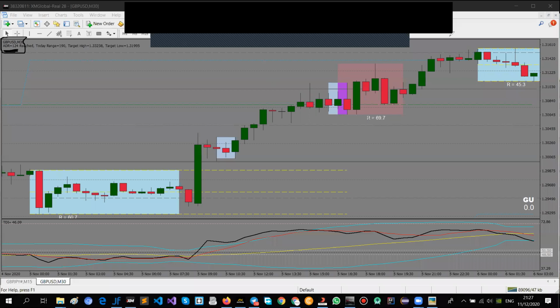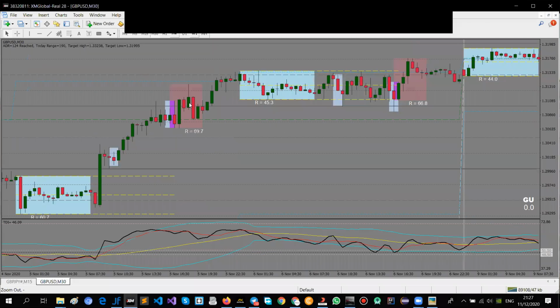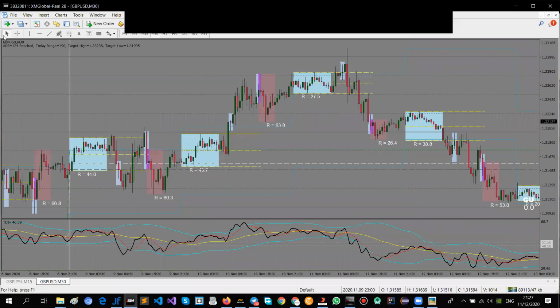So each pair has its own value for ADR. So what will we be doing when we say we'll be counting levels using the ADR? Let me show you. It simply means that we're going to use this tool here.